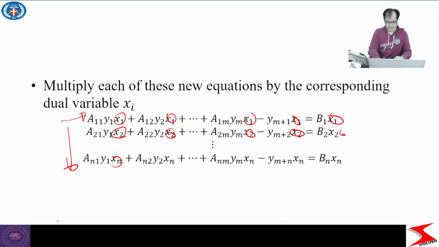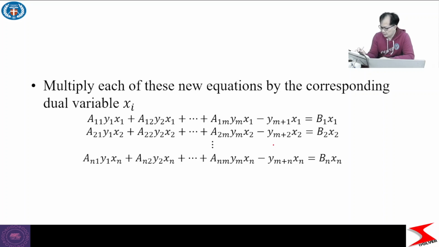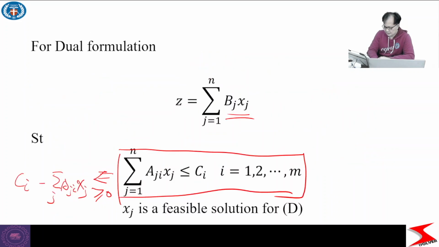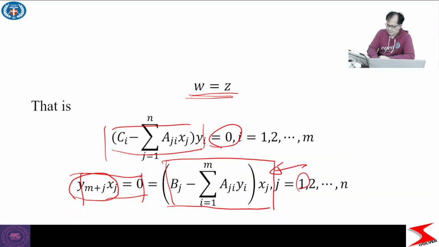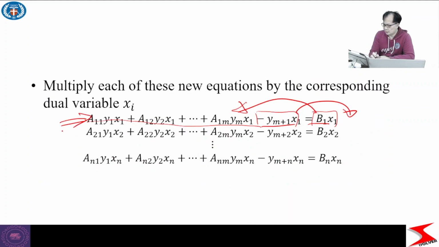But if you go back to this slide, you can see we can move this one to the right-hand side and move this one to the left-hand side. So what is this one? Actually it is bj, right? If you put j equals 1, you get the first equation. If you put j equals 2, you get the second equation.